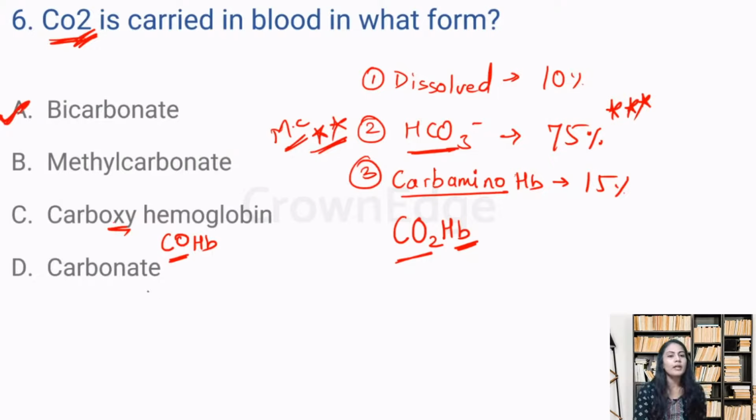Carbonate is not a form in which carbon dioxide is carried, and there is no such thing as methyl carbonate carrying carbon dioxide. So over here there are only three formats present: dissolved, bicarbonate, or carbamino, not carboxy. In the blood system lecture we also discussed the differences between carbamino, reduced hemoglobin, methemoglobin, and various hemoglobins.